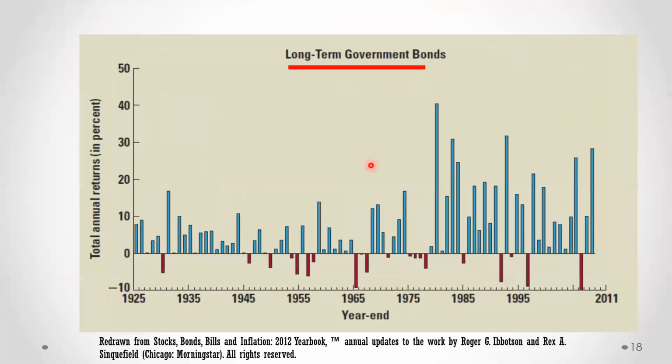But for the long-term bond, it's difficult to say, maybe 10% or 8%. And sometimes you might have negative realized return because long-term bond is risky. So they should have higher expected return.